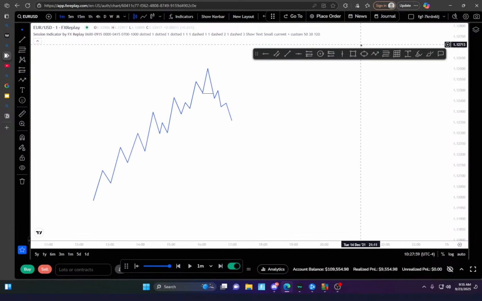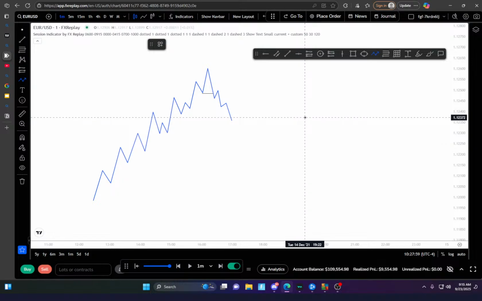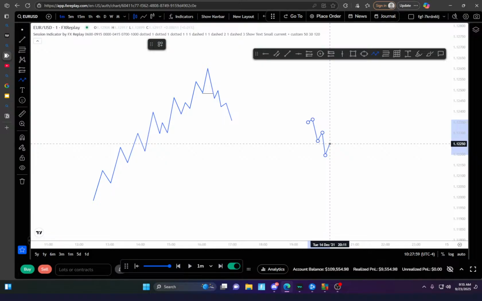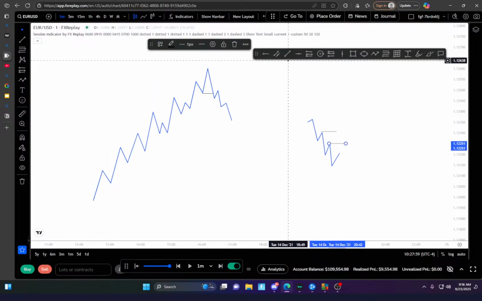What we really want to look for is when liquidity gets swept and it's chopping down or chopping towards the liquidity, because once it's chopping towards liquidity, that is telling me that there's still active stop losses, active sellers that are sitting there.